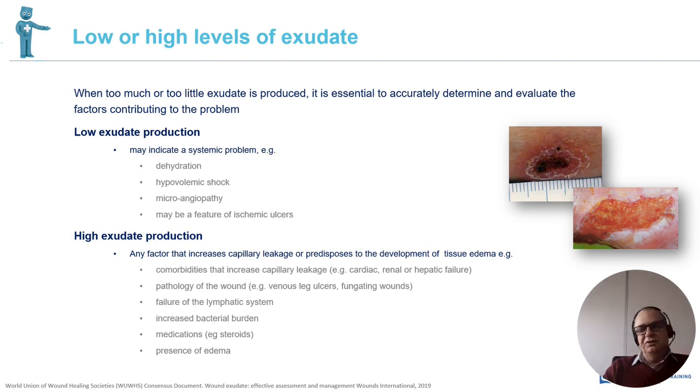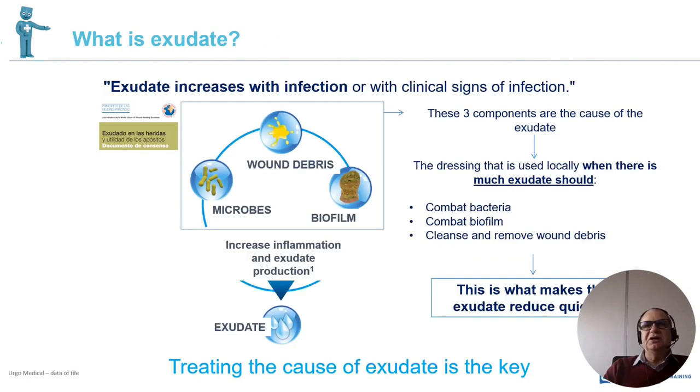Could be because of the pathology of the wound. For example, we know that venous leg ulcers will give us quite a lot of exudate, especially if there's lymphedema present, but also understanding that it could be a sign and symptom of an infection coming in, because we know infected wounds will start giving you more exudate, and not just the amount of the exudate, color, etc.